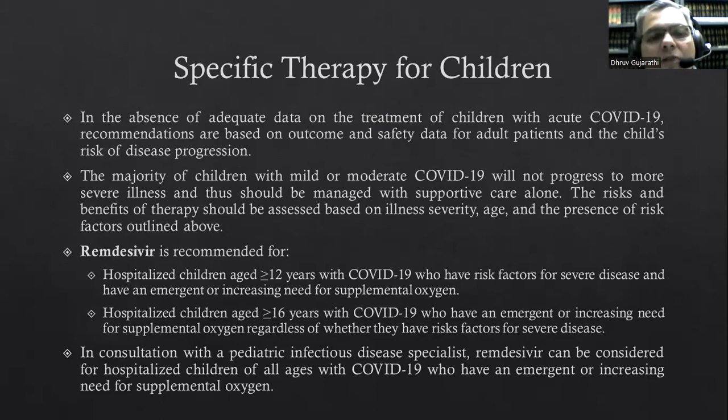The majority of children with mild or moderate COVID-19 will not progress to more severe illness and thus should be managed with supportive care alone. They don't require any other major therapy.